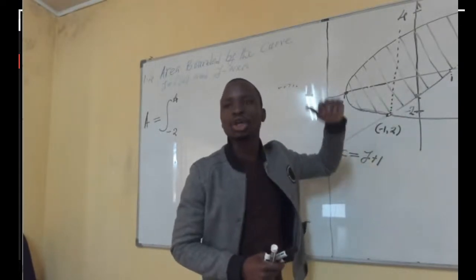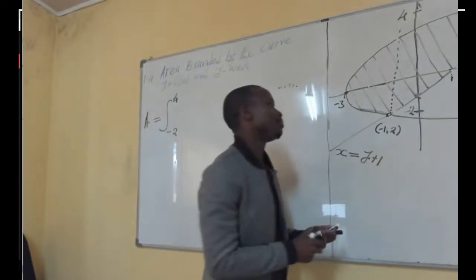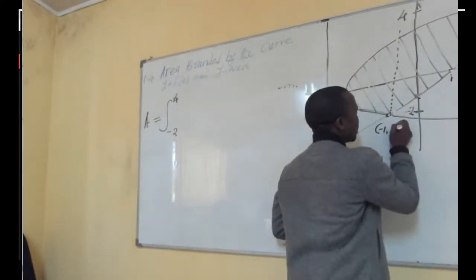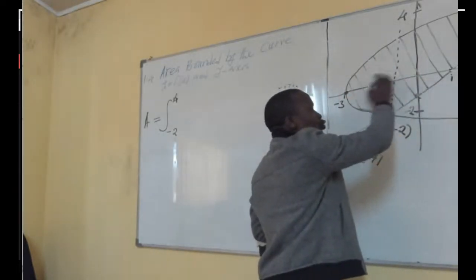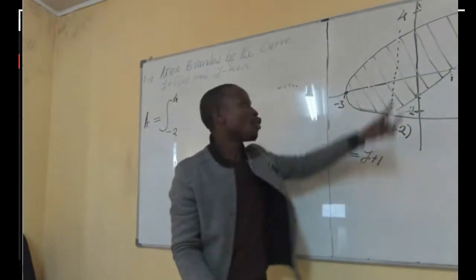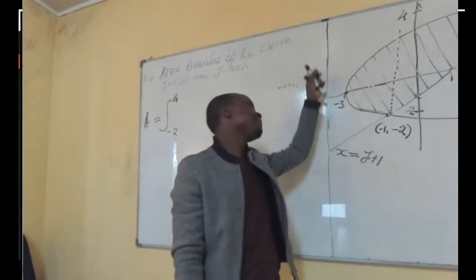Now, because we are using the y values as our limits of integration, you look at these two curves. Which one of these two curves is on the right hand side of the shaded region, and which one is on the left hand side?